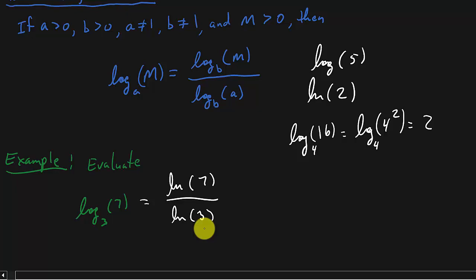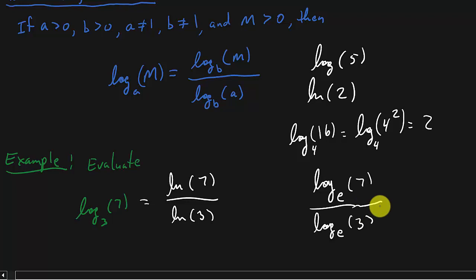Now, you might be wondering, they've got log base B here. And that's right. You can use any base you want. What did I choose to do? I said, I want B to be log base E, right? 7, 3. You see that? Well, what's log base E?